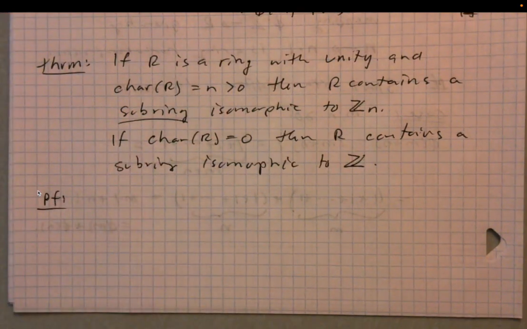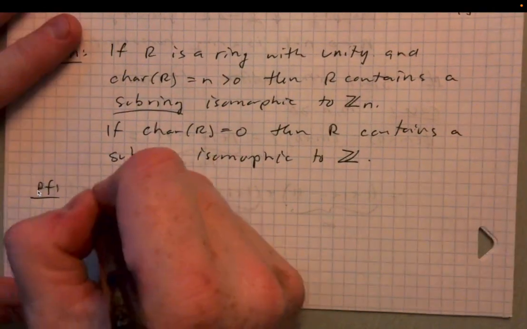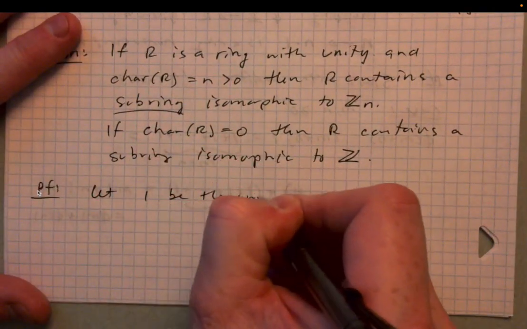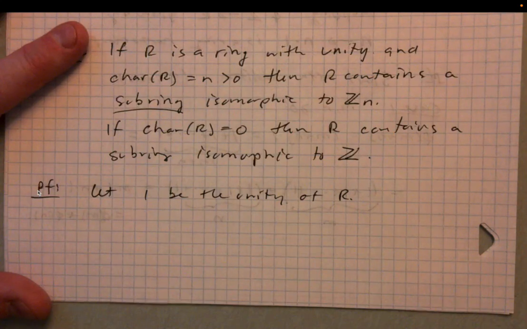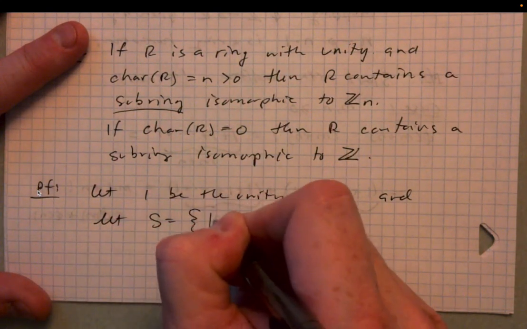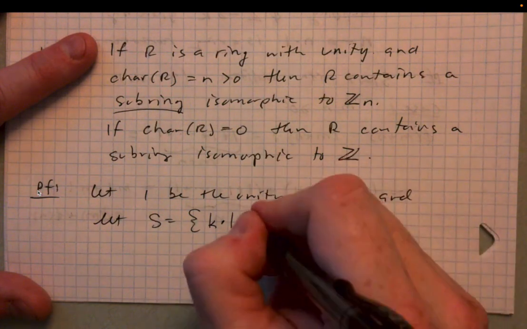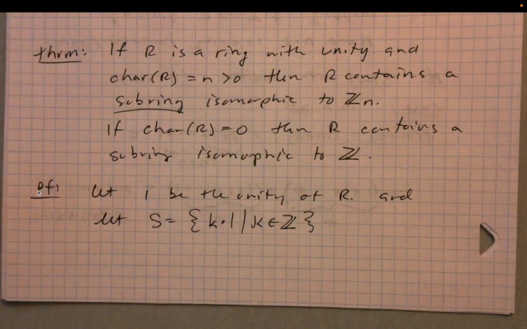Again, this is going to draw heavily on the proof we just worked out, that utility theorem. So let 1 be the unity of R, and let S equal the set of k times 1 such that k is an integer.